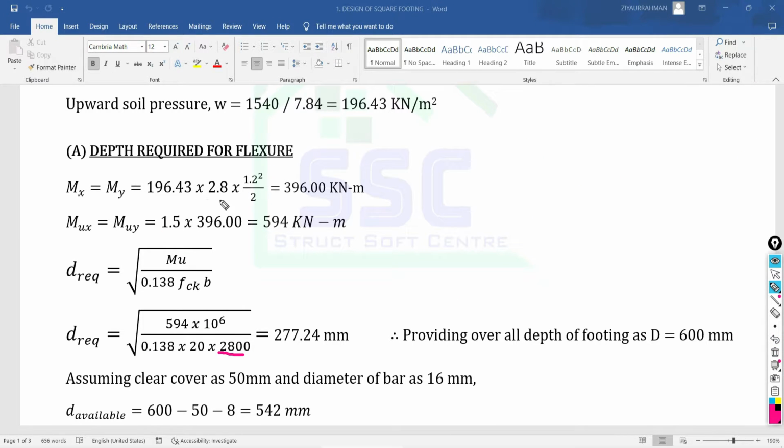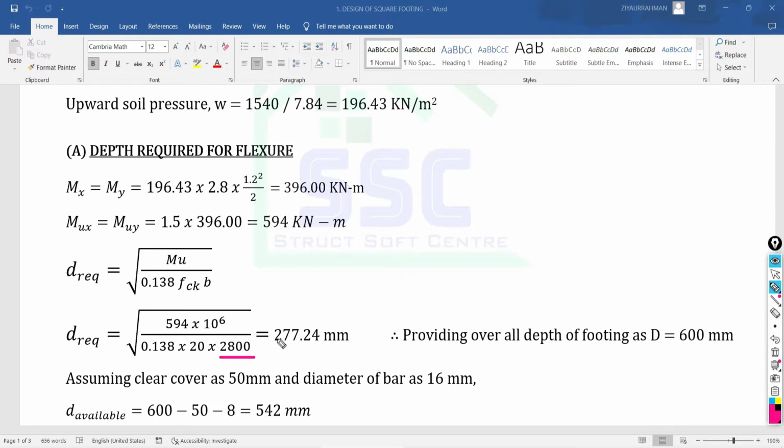No, whatever width you have used for the calculation of the moment, that same width we have to consider here. If you have considered 1 meter width for calculation of the moment, then you can use 1 meter here. But as we have considered 2.8 meter or 2800 mm as width of the footing, that I am going to take here.